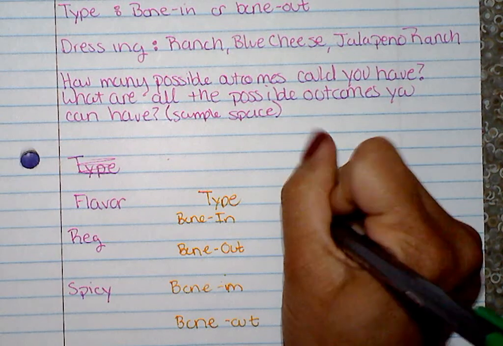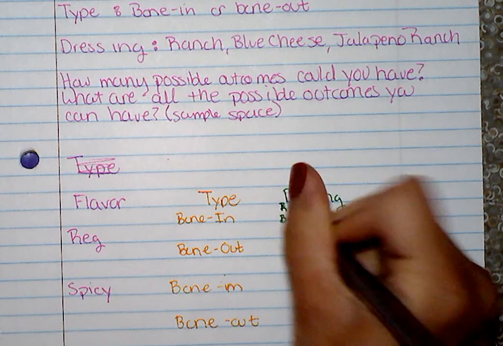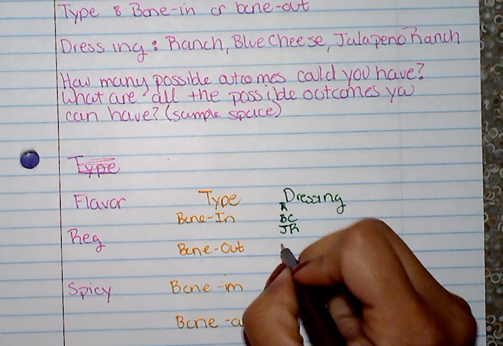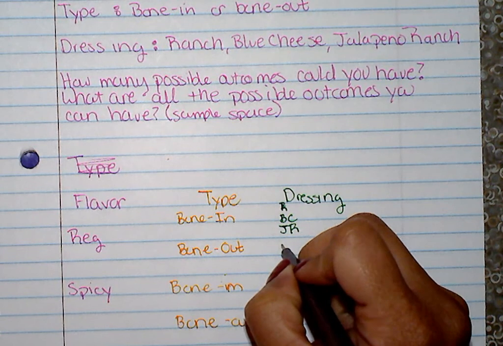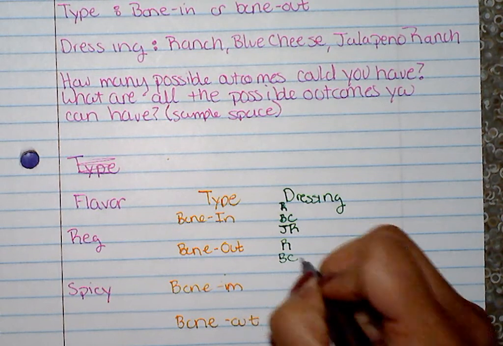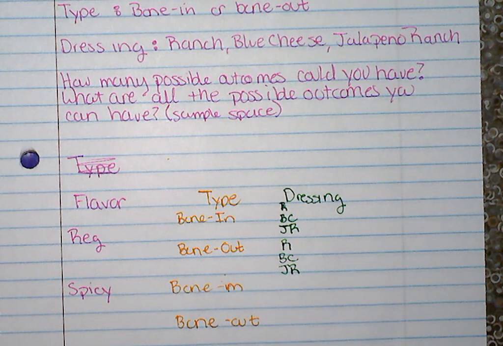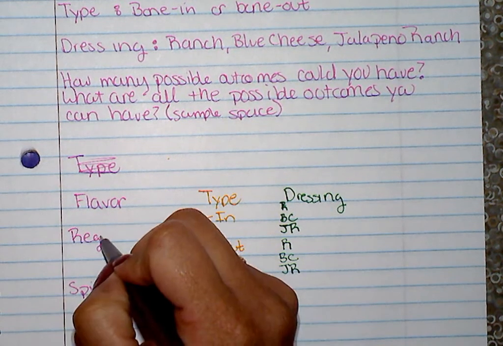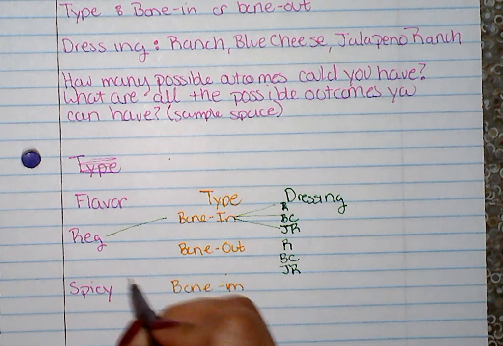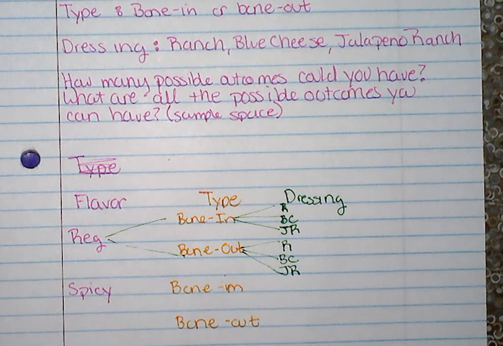We can get ranch, we can get blue cheese, or jalapeno ranch. And we can do the same if we get regular bone out. We can still get ranch, blue cheese, or jalapeno ranch. Okay, so let's just look at the regular. This is called the sample space or the tree diagram.